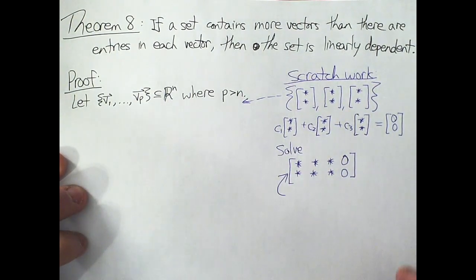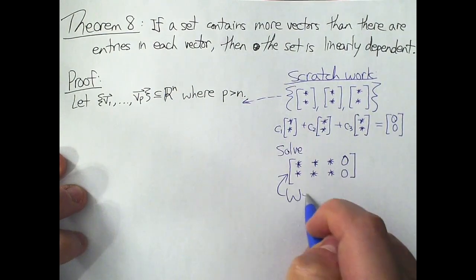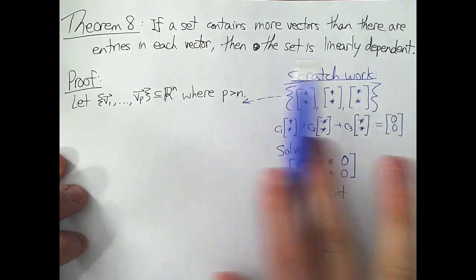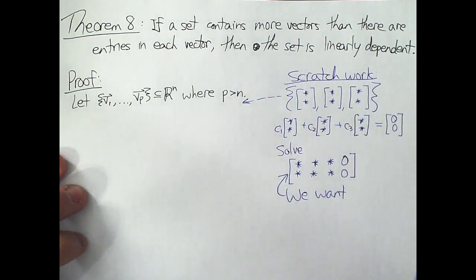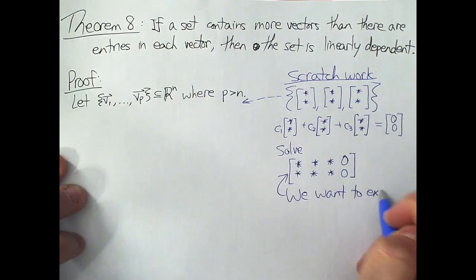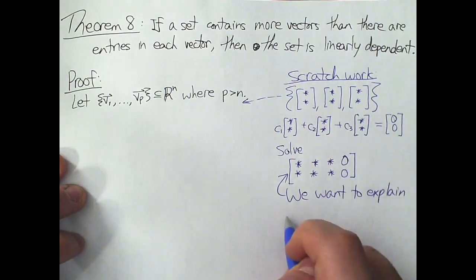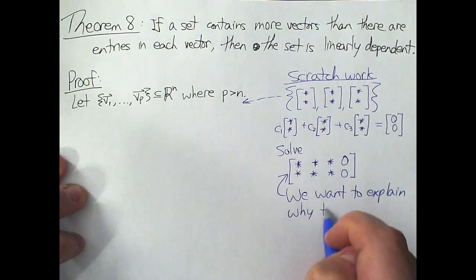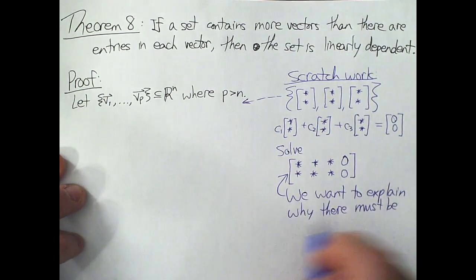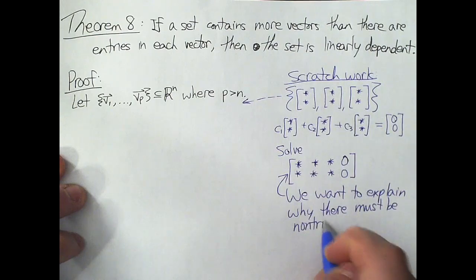Looking at this augmented matrix, this is not the proof, by the way. The stuff in blue off to the side is labeled as scratch work. We're going to get back to the proof and write it properly. I'm just trying to figure out what our strategy is. We want to explain why there must be non-trivial solutions.